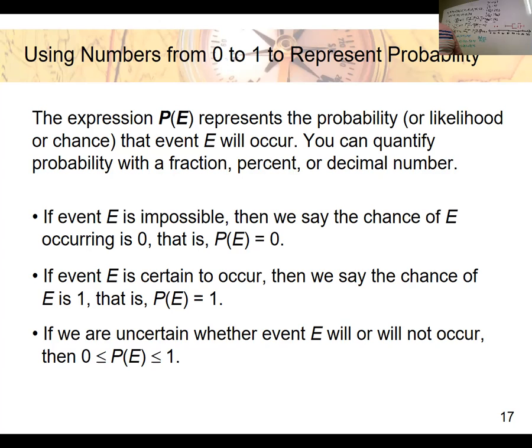Okay. So if I only had, let's say, red, orange, and yellow candies in a bag, and I want the probability of selecting a blue candy, that's an impossible event. Because there wouldn't be any blue candies in that bag when there's only red, yellow, and orange. And if event E is certain to occur, then that means that the chance of event E will be 1.